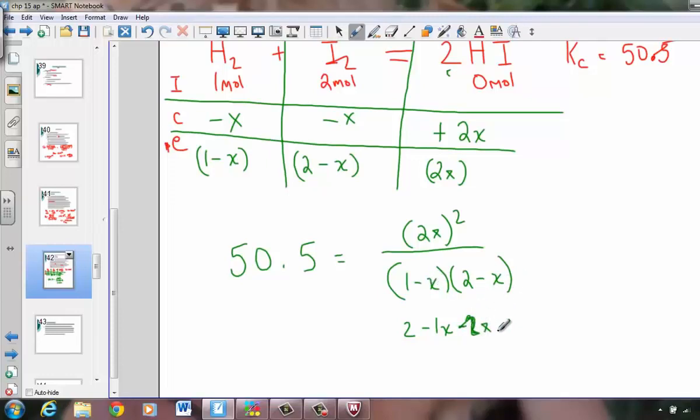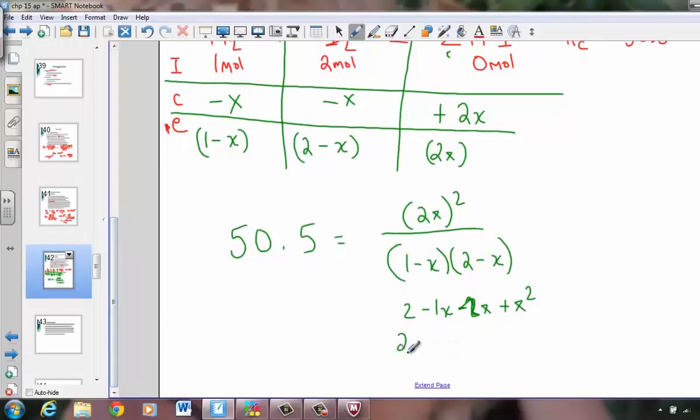And then x times x would be plus x squared. So to simplify, here's what we know. 2 minus 3x plus x squared is simplifying these two parentheses, isn't it? That's just that term you're probably very familiar with. We FOILed first, outer, inner, last, simplifying.